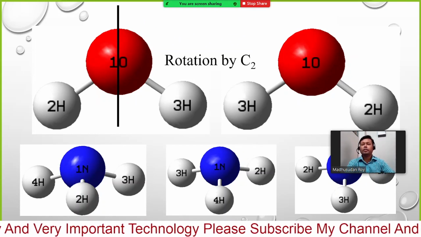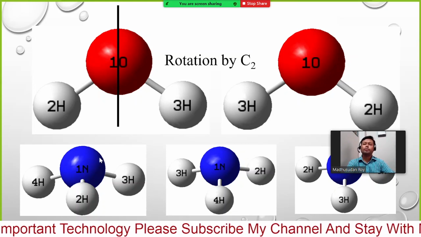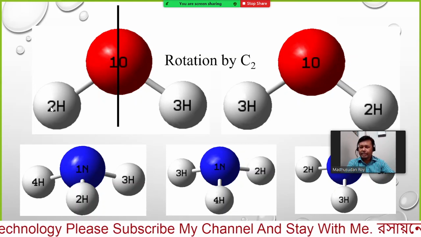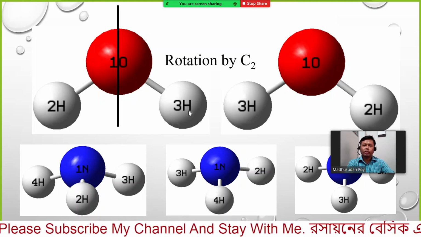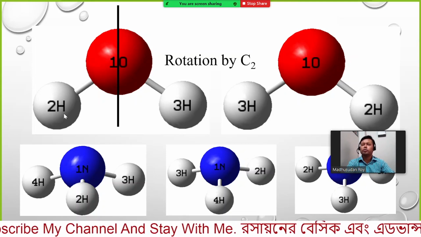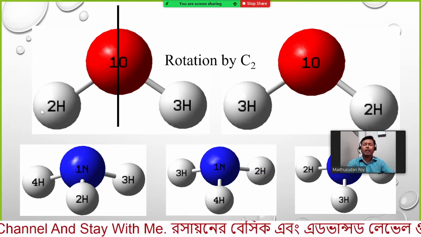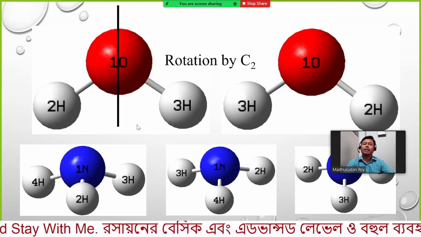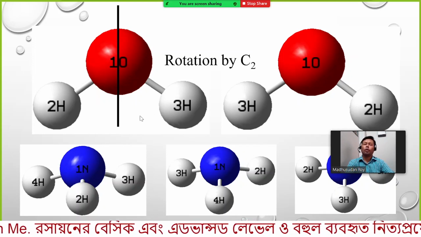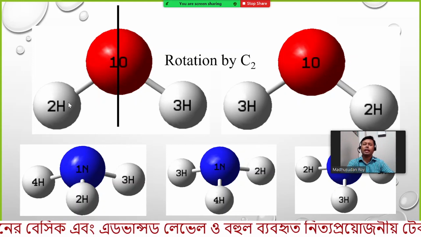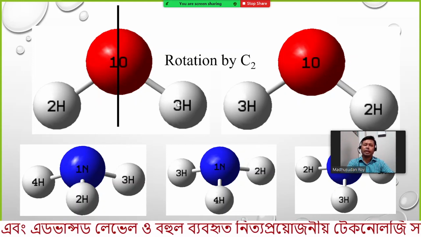This oxygen will be in the same position, but this hydrogen will come to this position and this hydrogen will go back to this position. However, the molecular structure will not change at all. That will be exactly the same or identical to what it was previously.